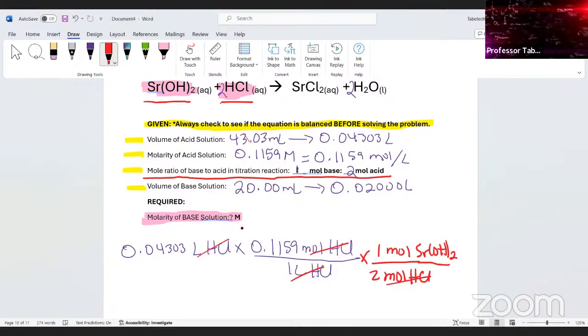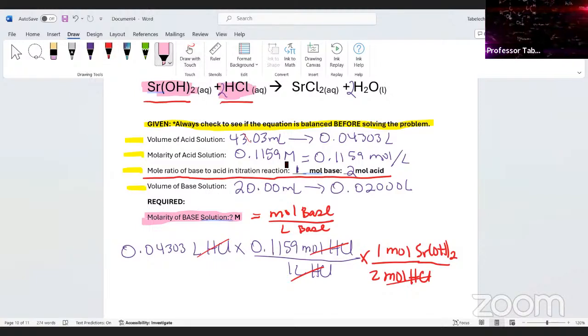But what you're trying to get to are your moles of strontium hydroxide, because in order to do molarity, it's moles of your base divided by the volume of your base. So what we just found out was your moles right here. We're calculating this number in this step. So we're going to multiply 0.04303 times 0.1159 divided by 2.